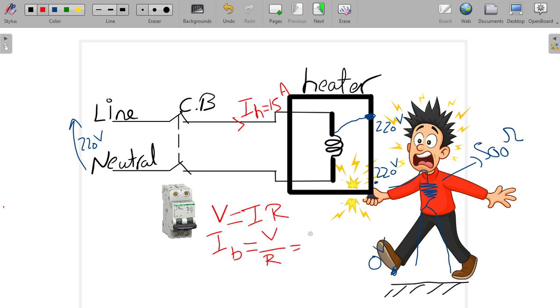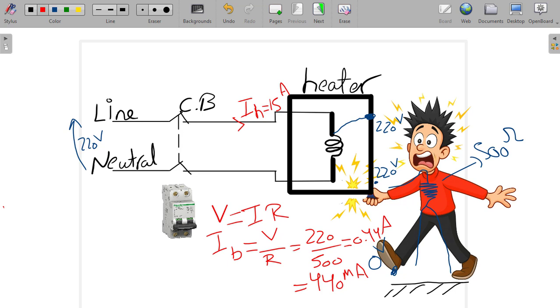The voltage difference is 220 volt minus 0, so it's 220 volt over 500 ohm, which is his resistance between his hand and his leg. So the current is equal to what? 0.44 ampere. Or we can call it 440 milliampere. So you will say milliampere is a very low amount of current.